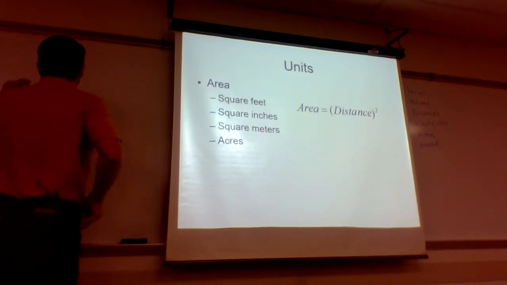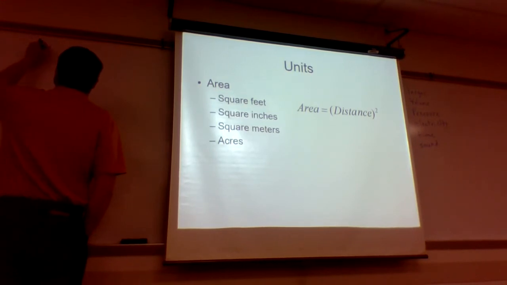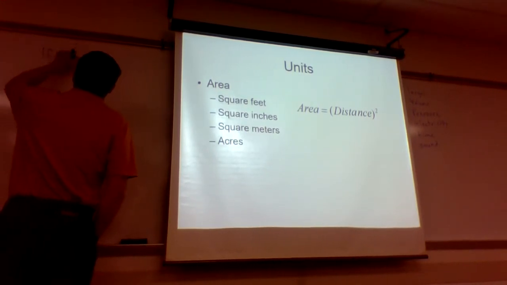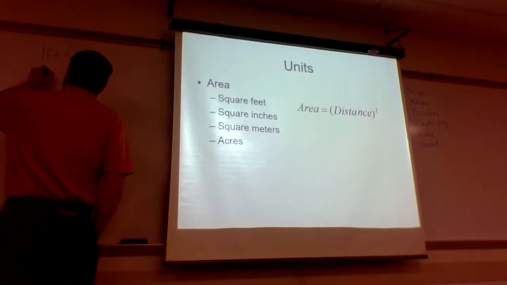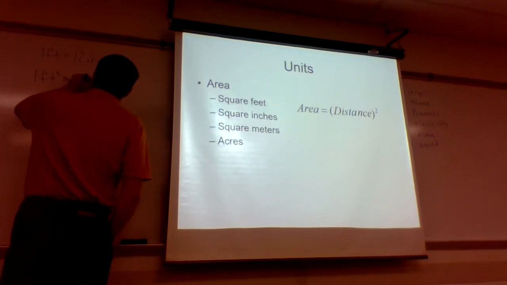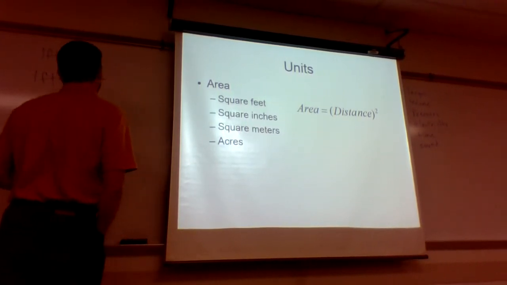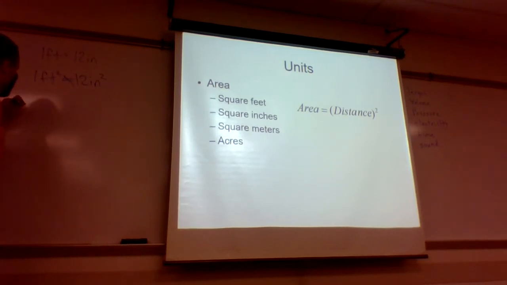Now an important thing: of course we know that 1 foot is 12 inches, right? 1 square foot is not 12 square inches. Very important there. 1 square foot is not 12 square inches.